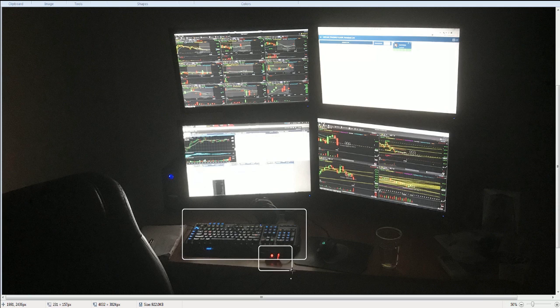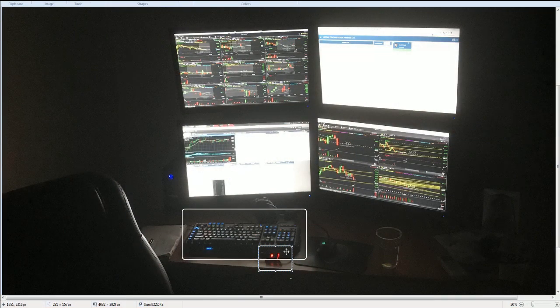Right over there I have a HyperX headset, which I'm talking to you with right now. I find it very good. They're all gaming things. Right over here, I have my mouse, and that's a G502 Logitech mouse.